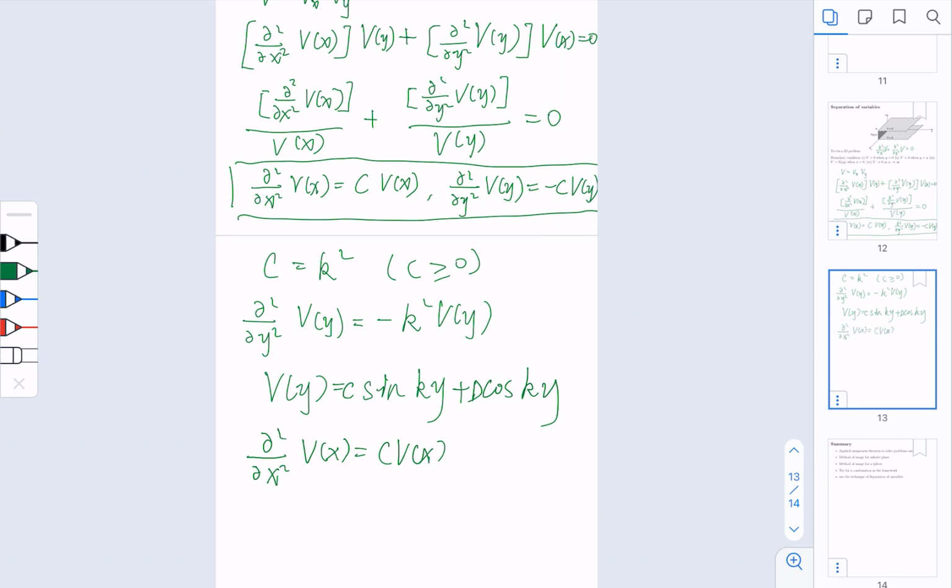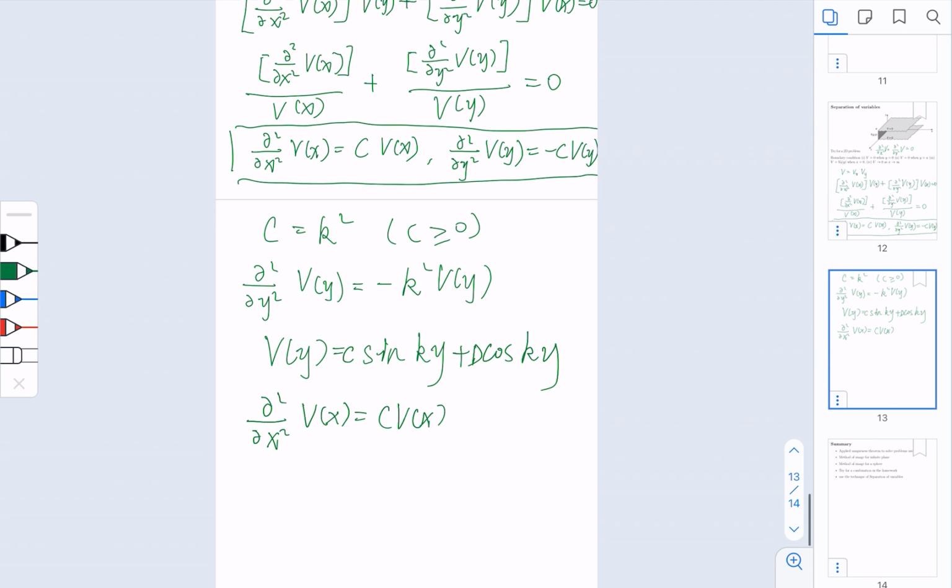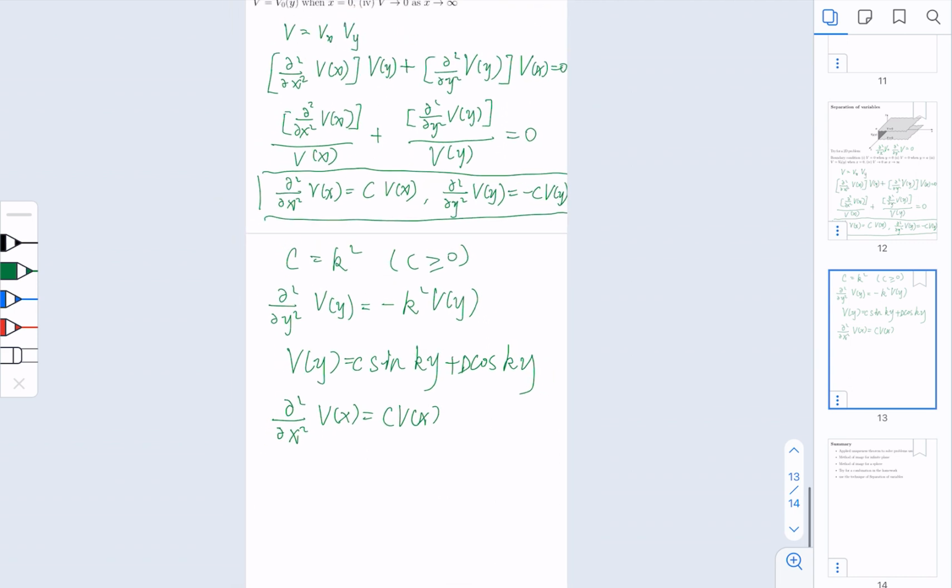On the other hand, along the x direction the answer should be slightly different. For the y direction it can be sine and cosine, because the coefficient in front is a negative number, but sines and cosines are not solutions for a positive quantity here.